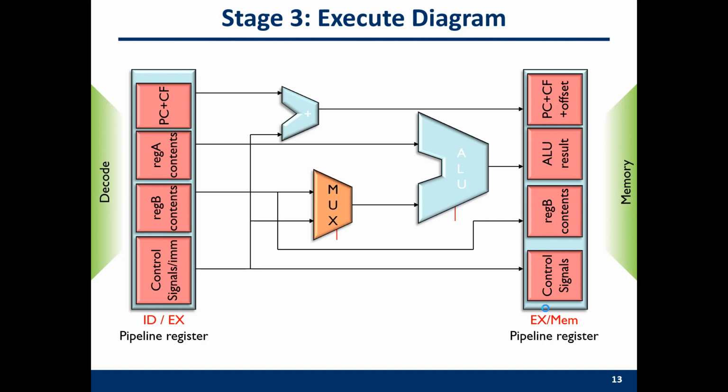Why we need to copy? Because for some instruction, the register B is important, more important.